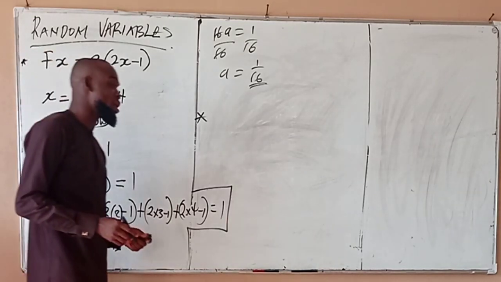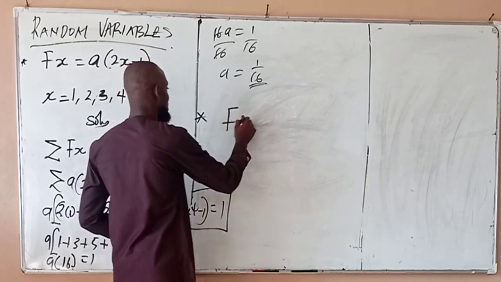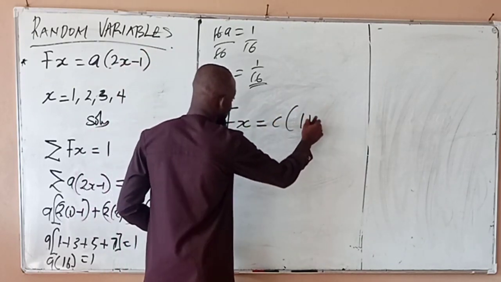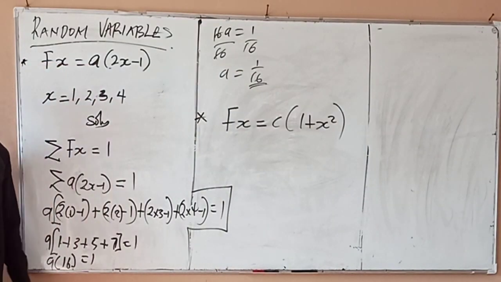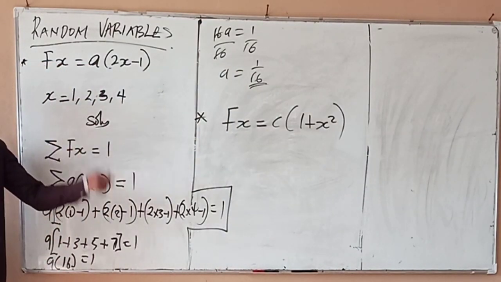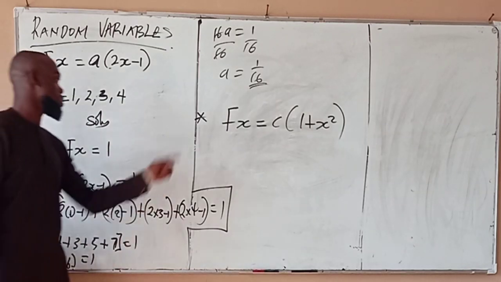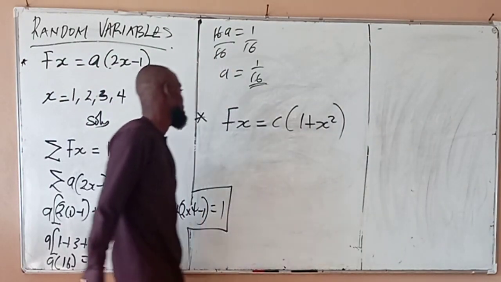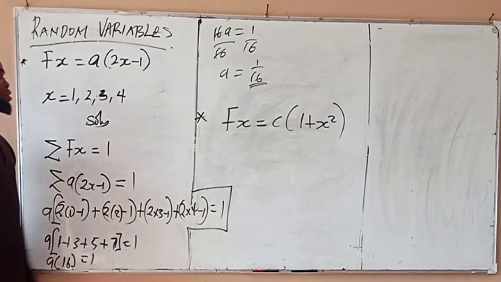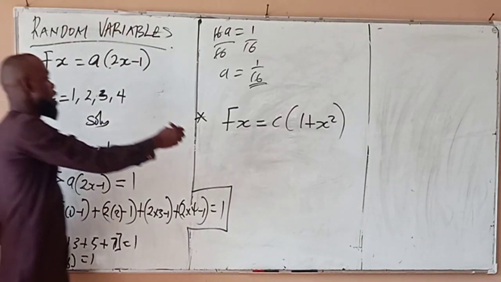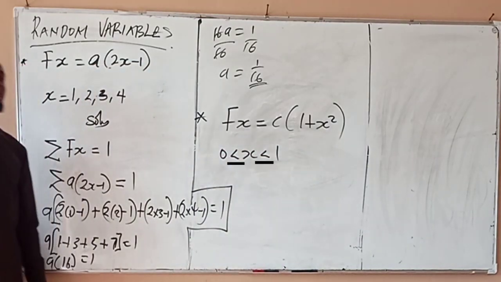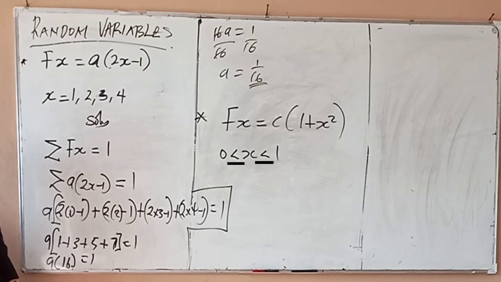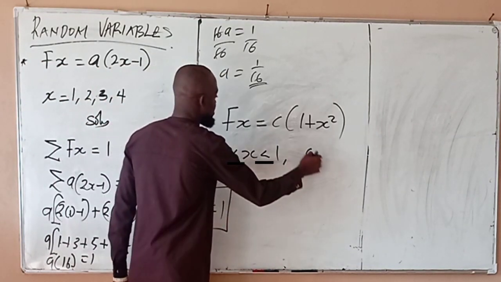So a continuous random variable has the PDF, f of x equals c bracket 1 plus x squared, within the range 0 less than x less than 1. Obtain the value of c.